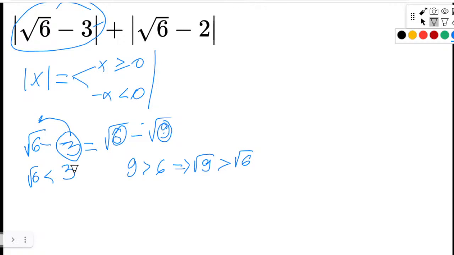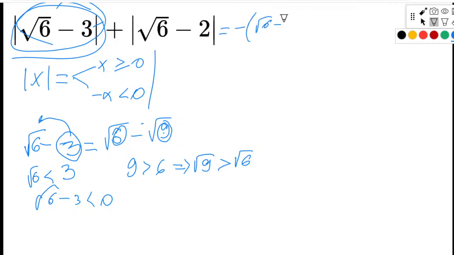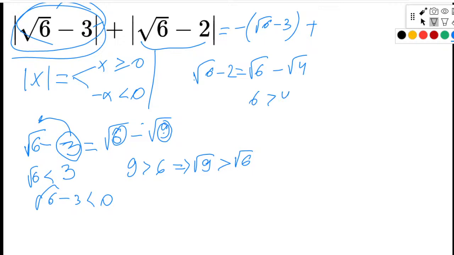Then it means that when we evaluate this, we write minus and the expression inside, square root of 6 minus 3. So plus, let's evaluate this, square root of 6 minus 2. Since 6 is more than 4, then square root of 6 is more than 2, so this is more than 0.